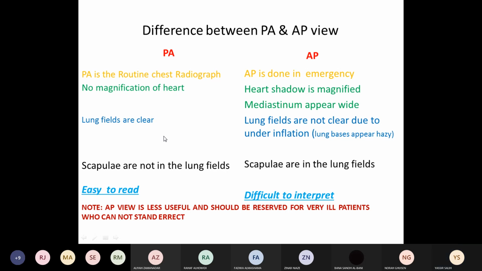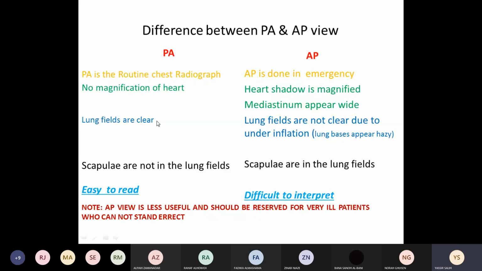Why? Because the base of the lung appears clear, no haziness of the base of the lung. But on AP, the base of the lung may be hazy due to underinflation of the lung. And these are the other differences between the PA and AP chest X-ray.